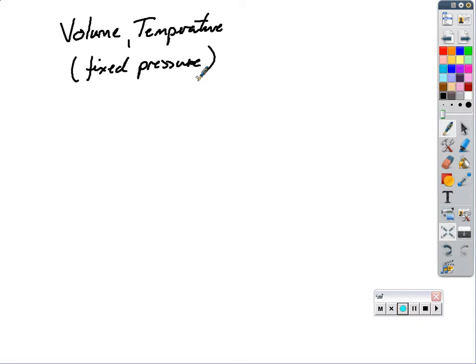It's all about trying to change the temperature, change the volume, and see what happens to them. Now, it's not difficult to understand. Think about it. If you heat up a gas, it expands. If it expands, then it's taking up more volume. So as the temperature goes up, the volume must go up. So it must be a direct relationship.